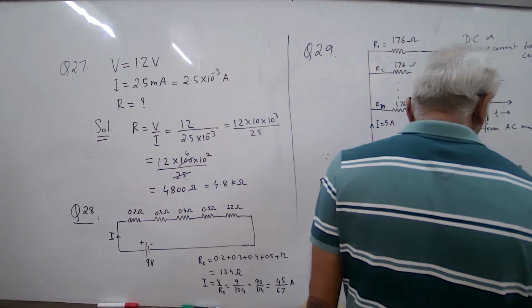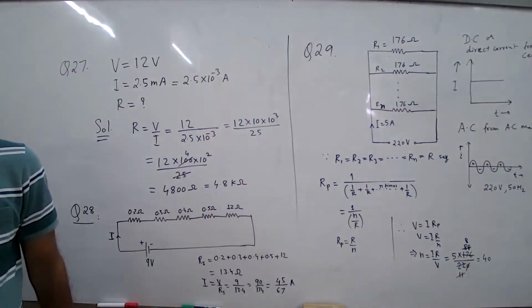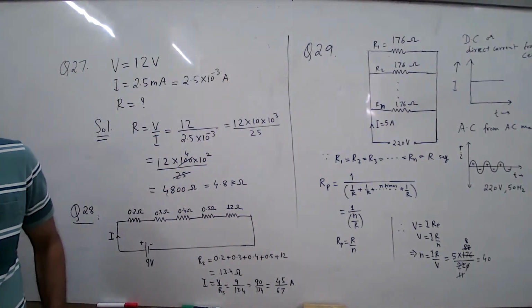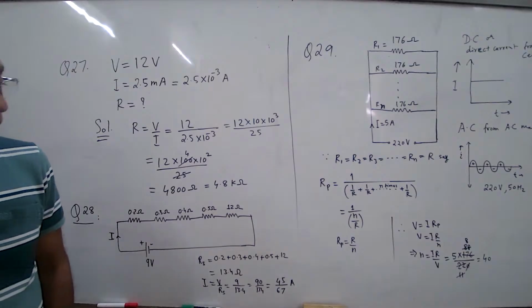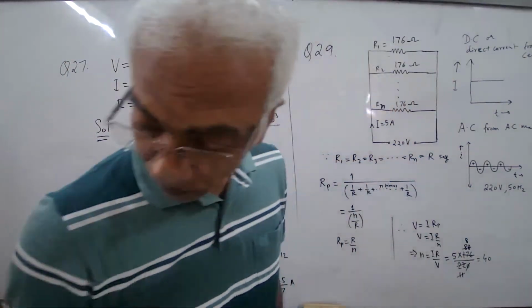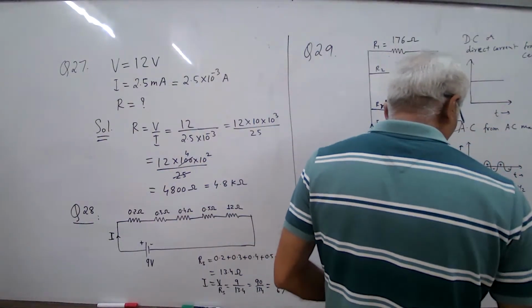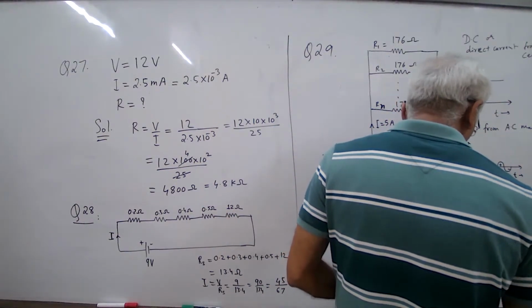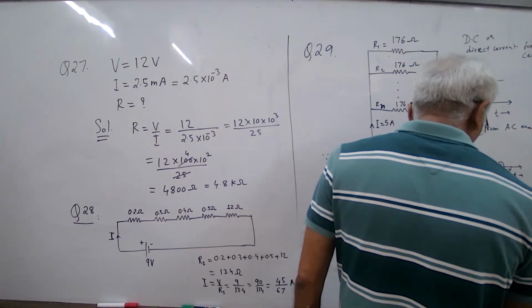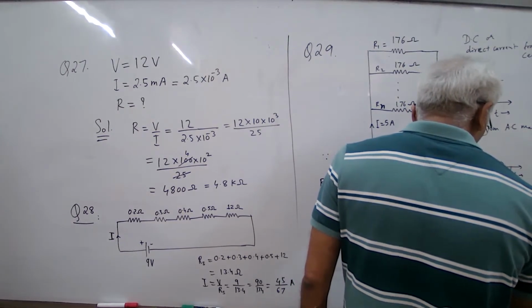Can we find out the resistance by Ohm's law, and then figure out how many resistors are there?